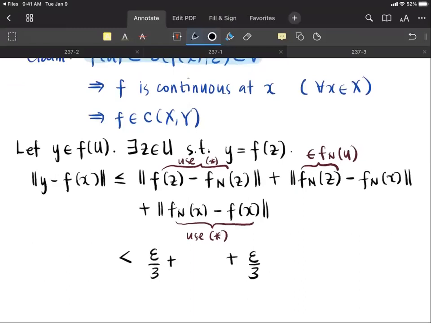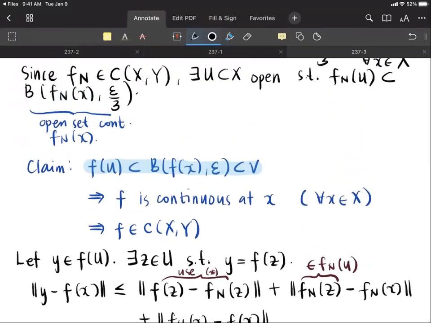Okay. Now, looking at this inclusion here, so if you have an element of f sub n of u, it is an element of this ball, okay? So the distance with respect to the center, f sub n of x, should be less than epsilon over 3, as long as your point is in this set.